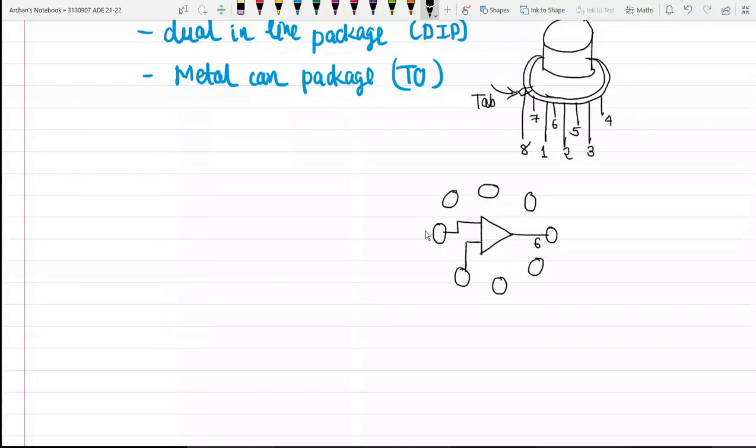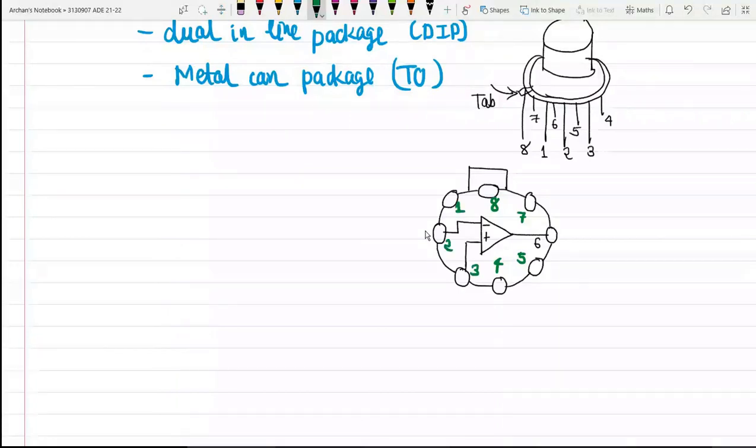All these are connected with the help of a circular can like this, so this is what the top view of the metal can package looks like. And there is one tab, here at pin number 8; this is pin number 7, 6, 5, 4, 3, 2, and 1.